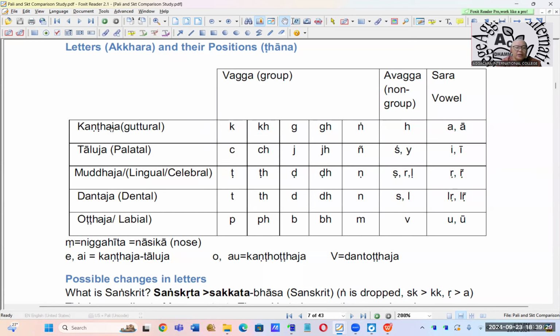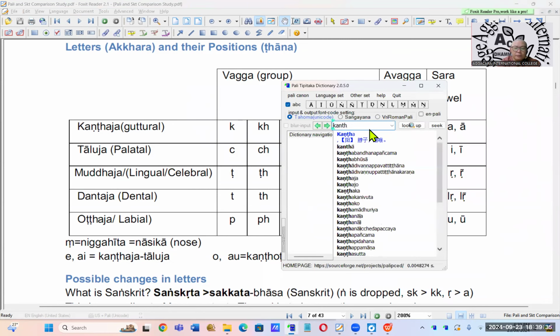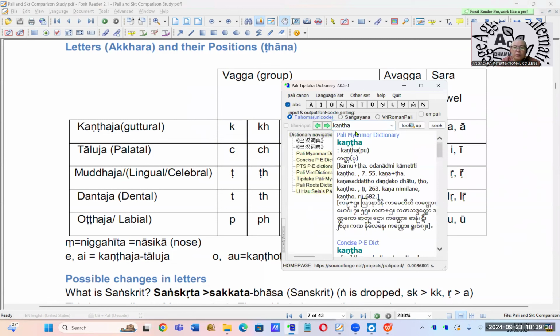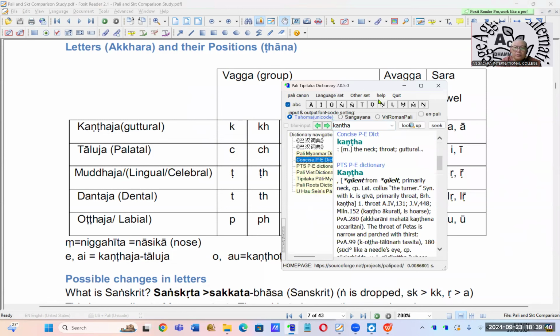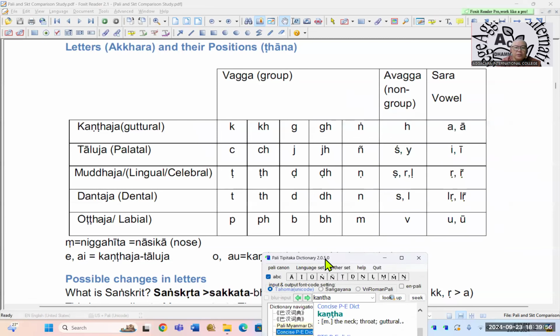Kantha should be to do with the throat, so neck, throat. So it means Jayati, born from the throat. Okay, from the Kuttara. So this is the Pali.